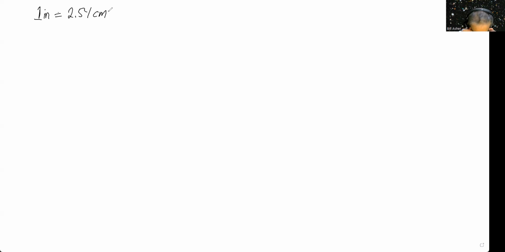What this means, in a sort of philosophical sense, is that there's a physical dimension of length that we call 1 inch, and in terms of space, that is the same dimension as 2.54 centimeters. So these two things are equivalent. That's what we mean by an equivalence statement. It's the same physical quantity.